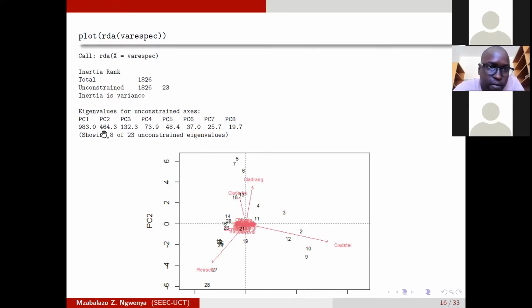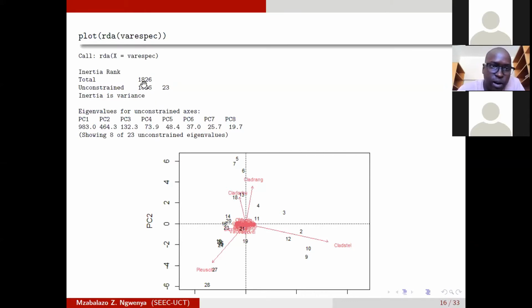These eigenvalues are arranged in descending order, with the first component explaining the most variance and others explaining subsequently less. Okay? So the eigenvalues relate directly to the amount of variation explained by that axis. And we can see how much variation is explained by axis 1 and by axis 2 and the subsequent ones.